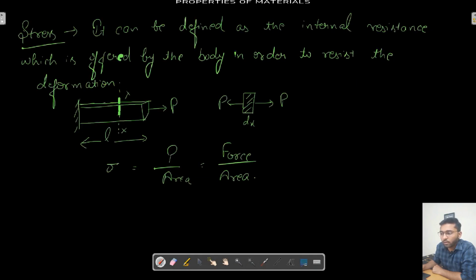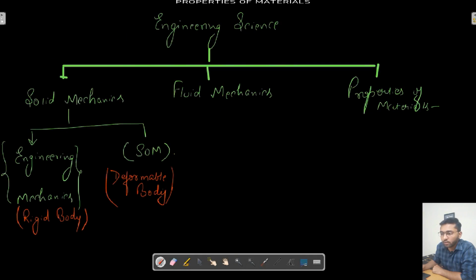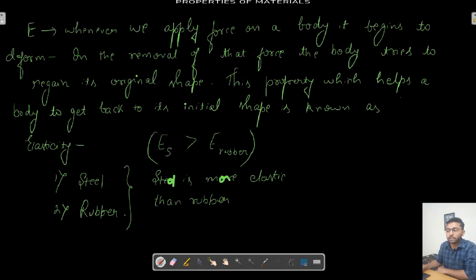We had already done the discussion about the elastic limit or elasticity. So what is elasticity? Look at this underlined point. It is the property which helps the body to get back to its initial shape on the removal of force.